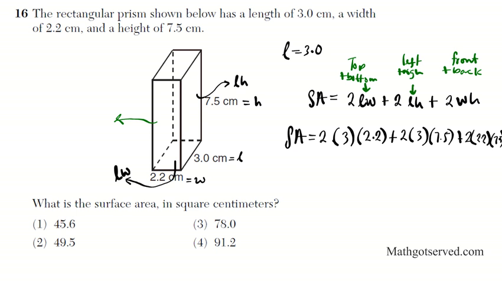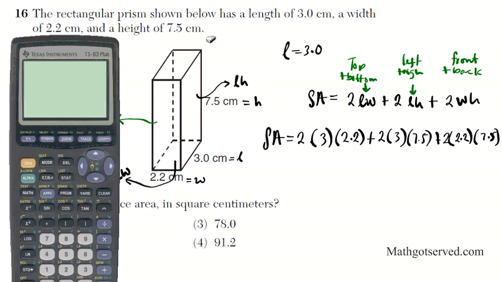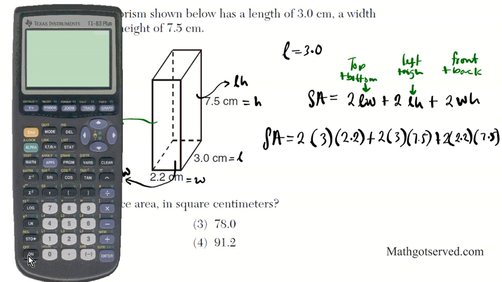All right, so now I'm going to plug this into my calculator and compute the surface area. So I'm going to have 2 times 3 times 2.2 plus 2 times 3 times 7.5 plus 2 times 2.2 times 7.5, and my final answer is 91.2 square meters.